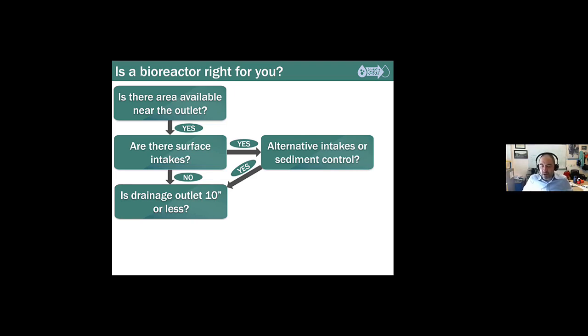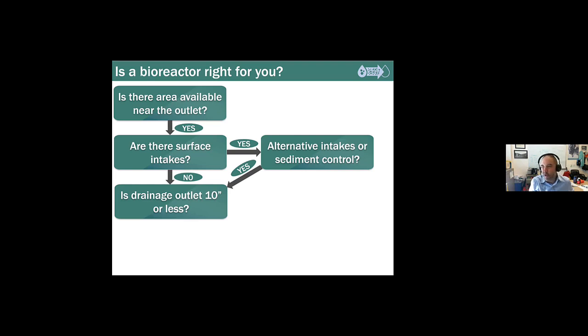So something to think about: both saturated buffers and bioreactors may work best on that kind of field scale system, not necessarily a drainage district scale. If we get to what I would call drainage district scale, with bigger tile lines, we might be thinking more about a wetland.